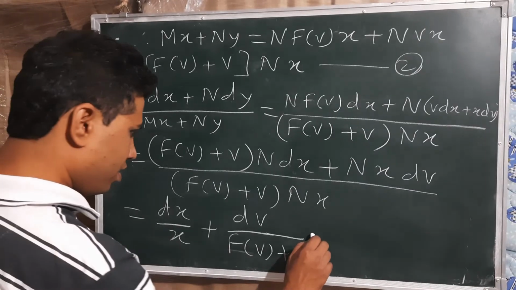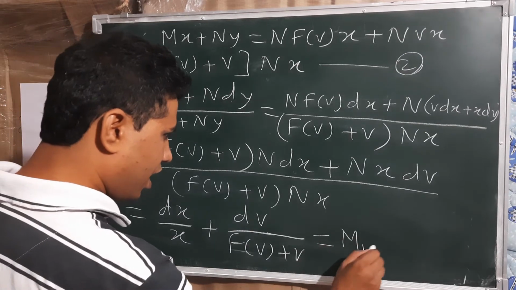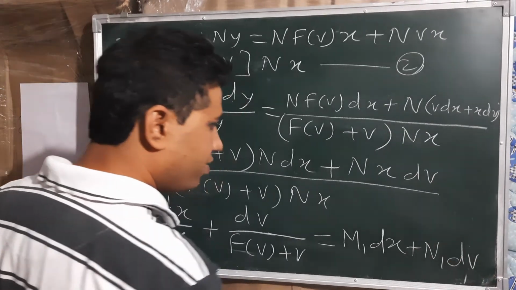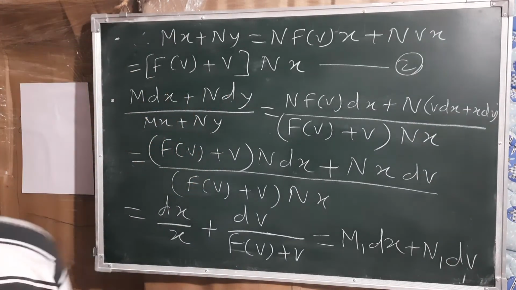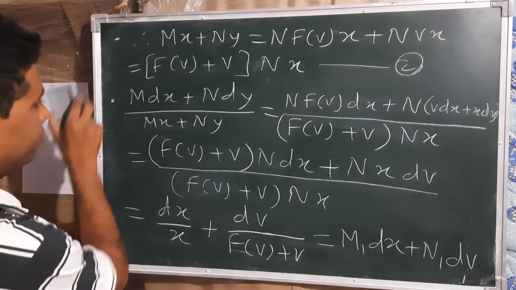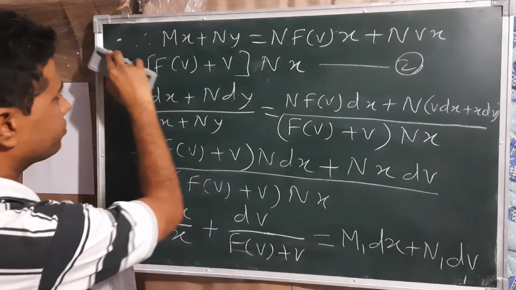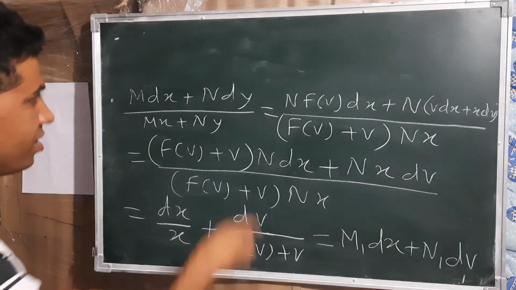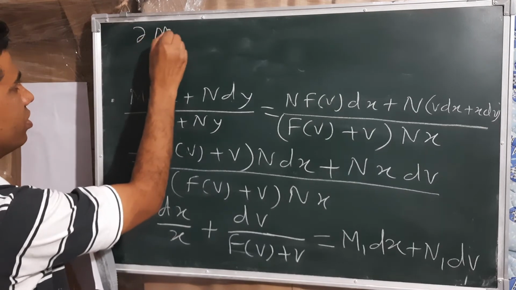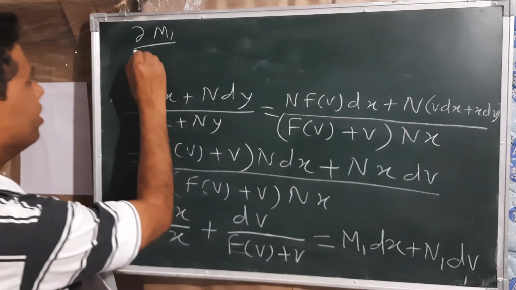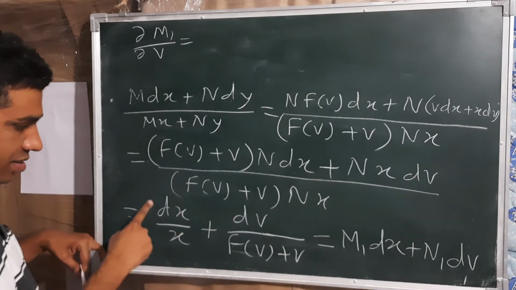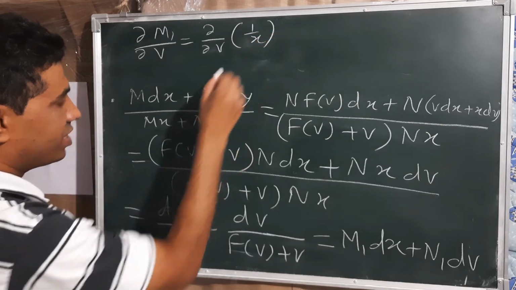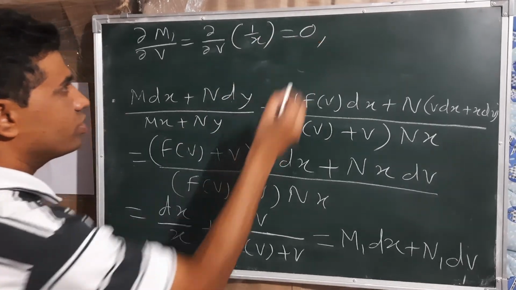So if we call this M1 dx plus N1 dv, then we can easily verify that the partial derivative of M1 with respect to v is the partial derivative of 1 upon x with respect to v, that is 0.